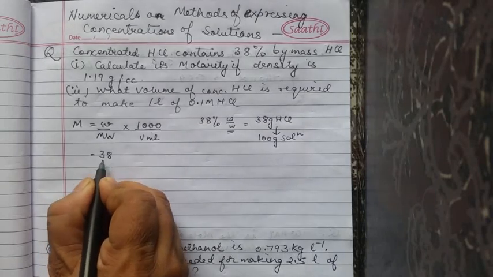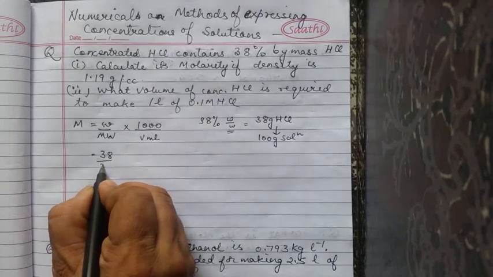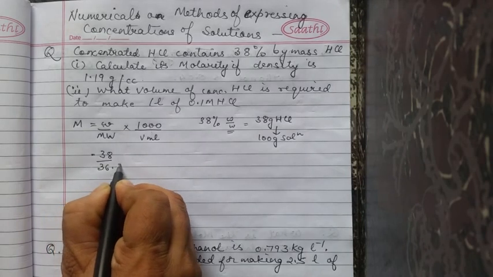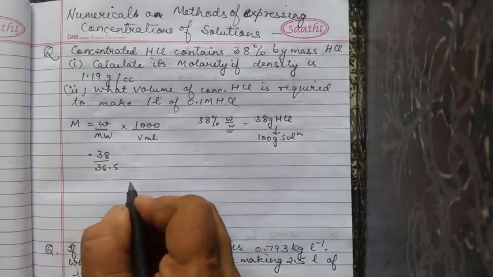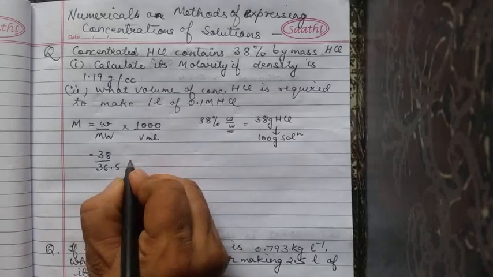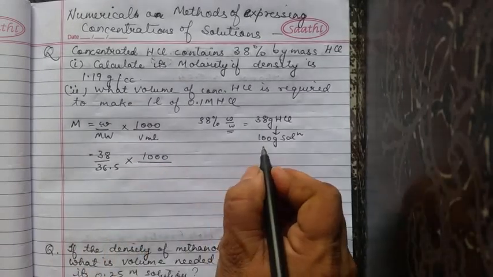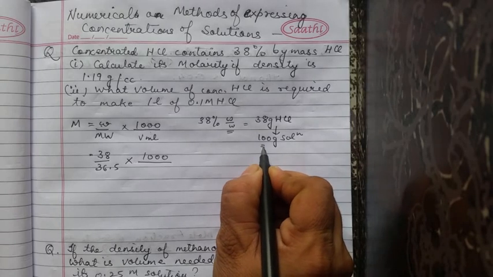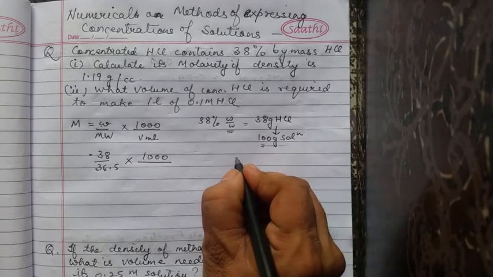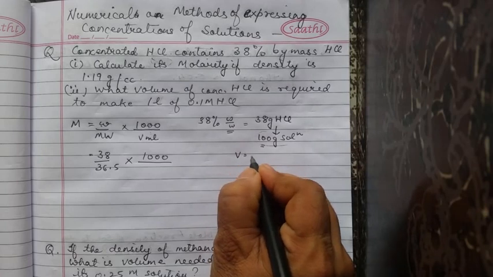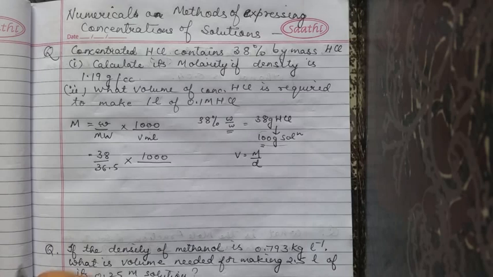We know the molecular weight of HCl is 36.5: 1 for hydrogen, 35.5 for chlorine, into 1000. Volume, we don't have volume, we have the mass of the solution given. We know that volume is equal to mass by density, and density is given in the question.